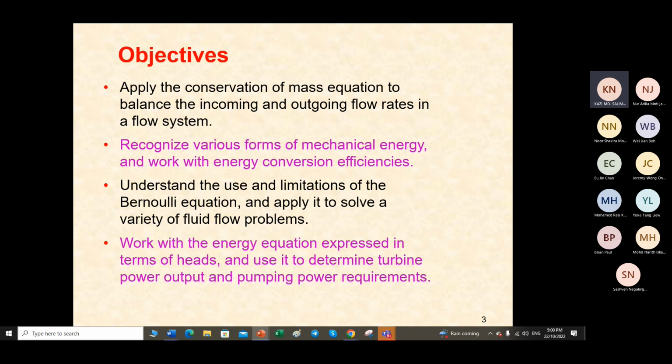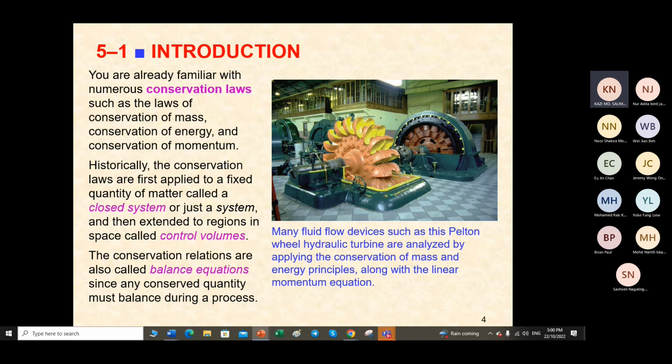Because here we have to calculate the minor losses and major losses in the pipes and the flow equipment, and then calculate the total energy losses, so that we know how much pressure head has to be considered by the fan, as well as what will be the capacity of the fan to be used.